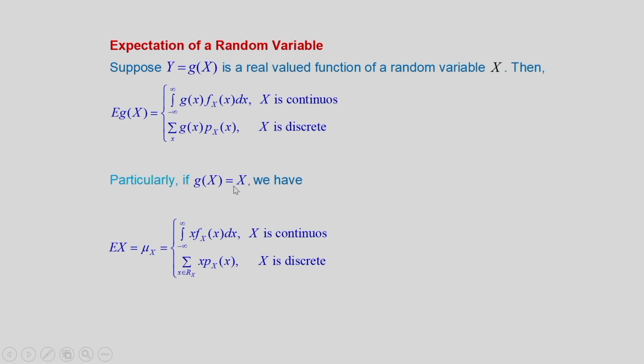Particularly if g(x) is equal to x, then E of x is called the mean mu x, and by definition this is equal to the integral from minus infinity to infinity of x f x of x dx if x is continuous, and the summation over x of x p x of x if x is discrete. So, we know what a mean of a random variable is.